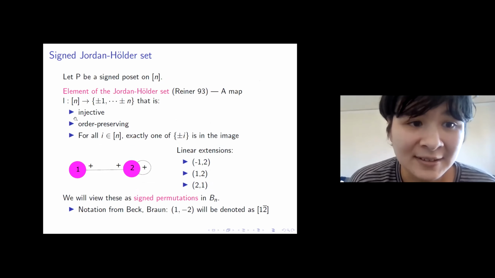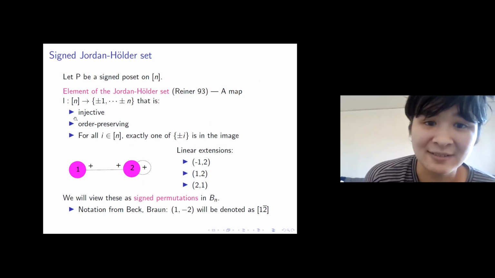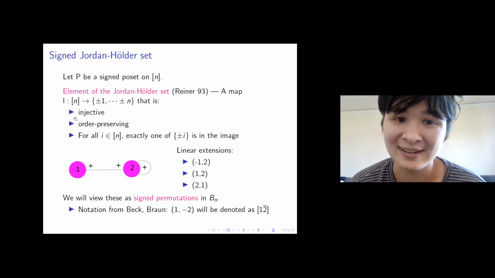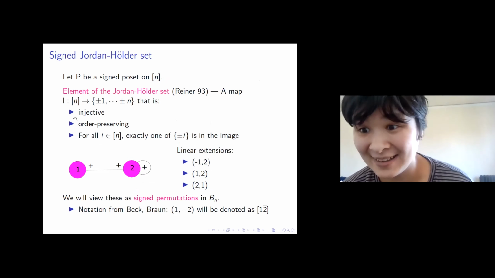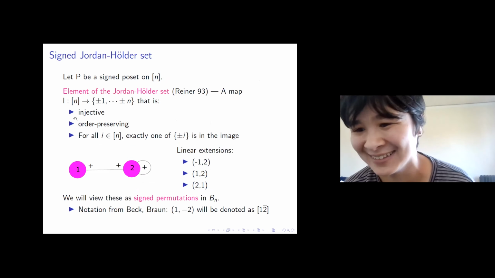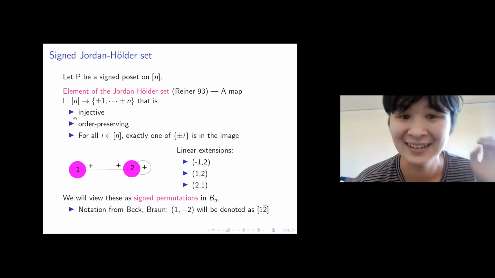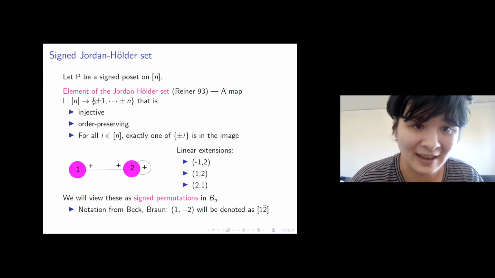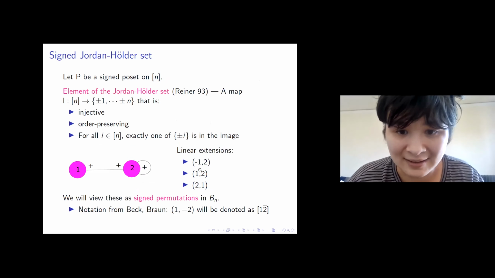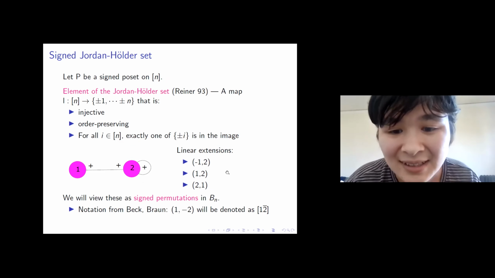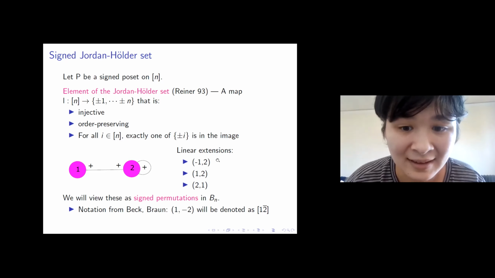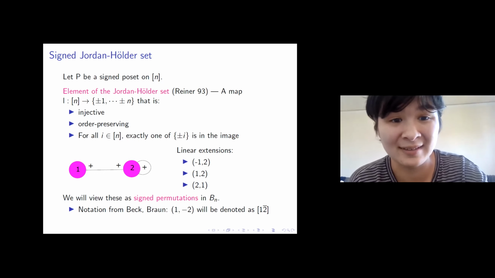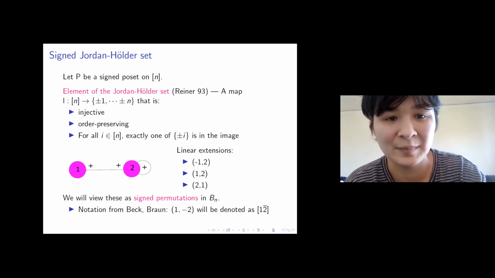Okay, so the elements of the Jordan-Holder set, some people think of these as linear extensions. Some people say that these are the inverses of linear extensions. It kind of depends on who you are, but you can think of these basically as linear extensions. They are ordered n-tuples such that the entries are all plus or minus 1 up to plus or minus n.